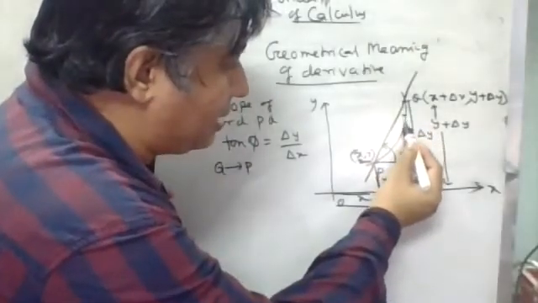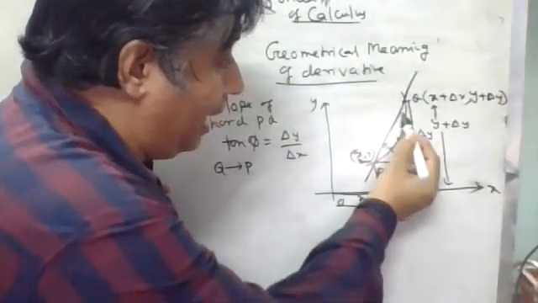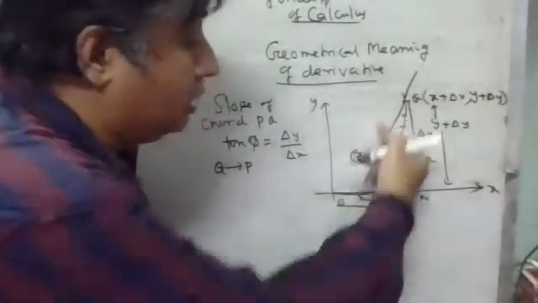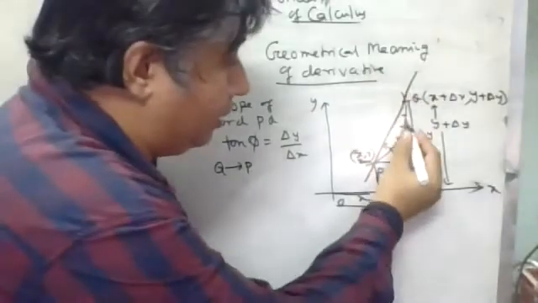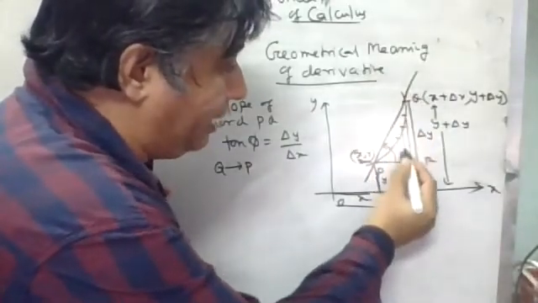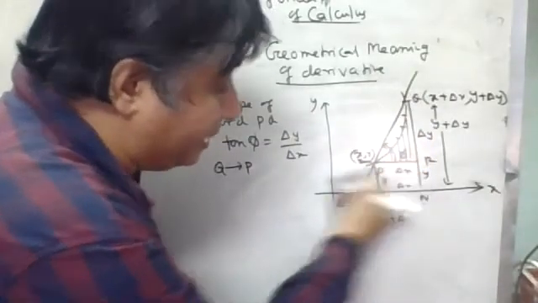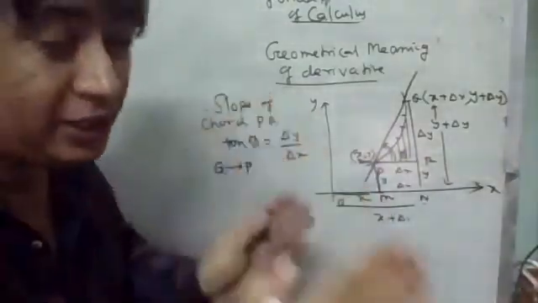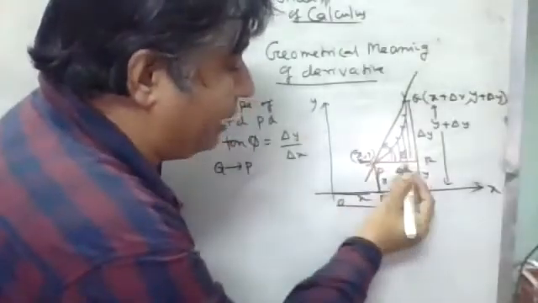Q is coming closer to P, so as Q moves towards P, the width of delta x is being reduced.